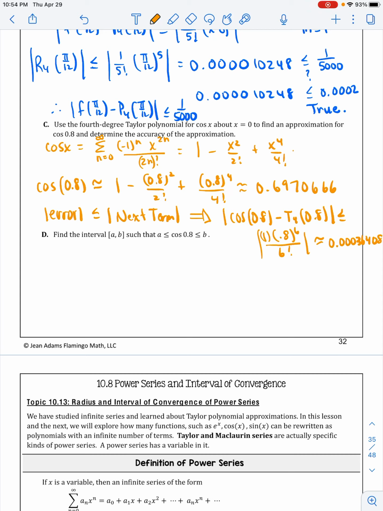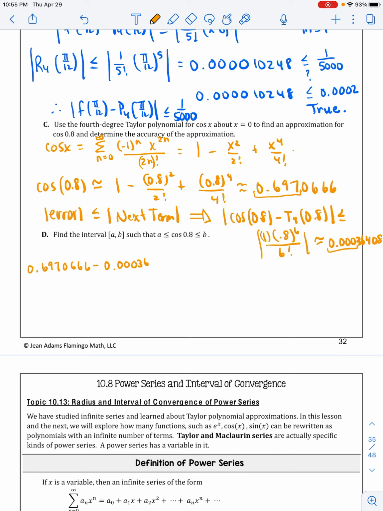And so the accuracy of our approximation should be good for 3 places behind the decimal point, because however many zeros you have here, that means that it will be good for that many places behind the decimal point. So 0.697, they're going to be exactly the same because of our error, okay? And then find the interval such that the cosine of 0.8 lies between those two values.